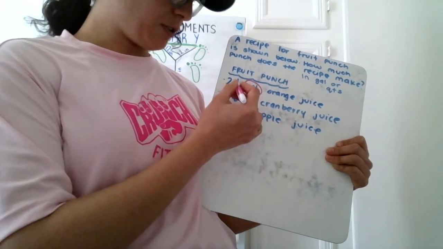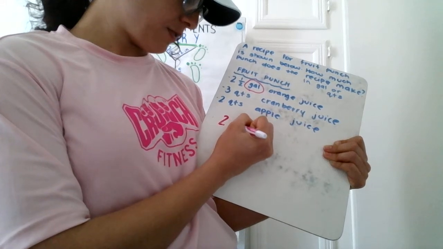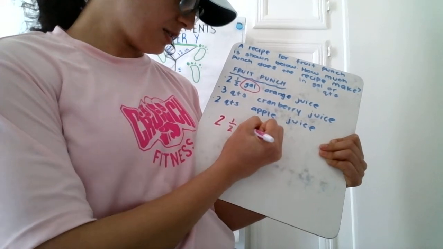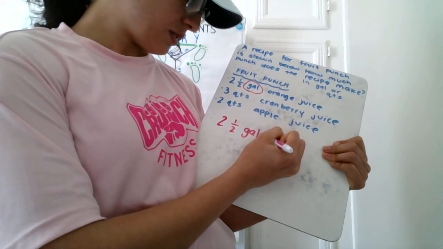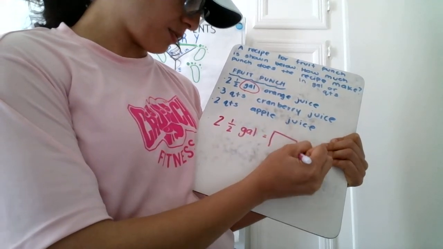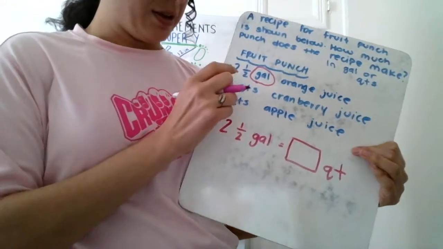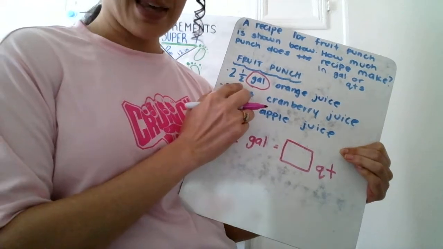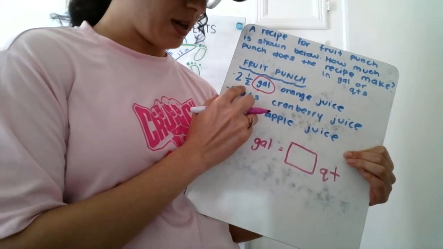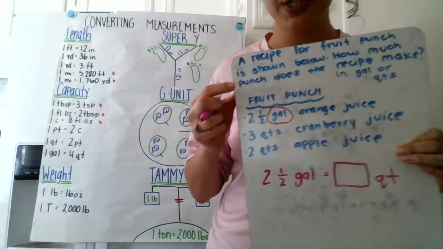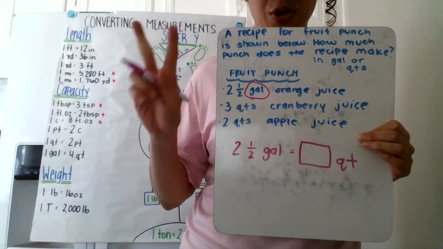So the first thing I'm going to do is change that to quarts. So 2.5 gallons is equal to how many quarts? Okay, so this half right here, you have to pay attention to this. Now I want to take this whole number, 2, and see how many quarts are in 2 gallons.